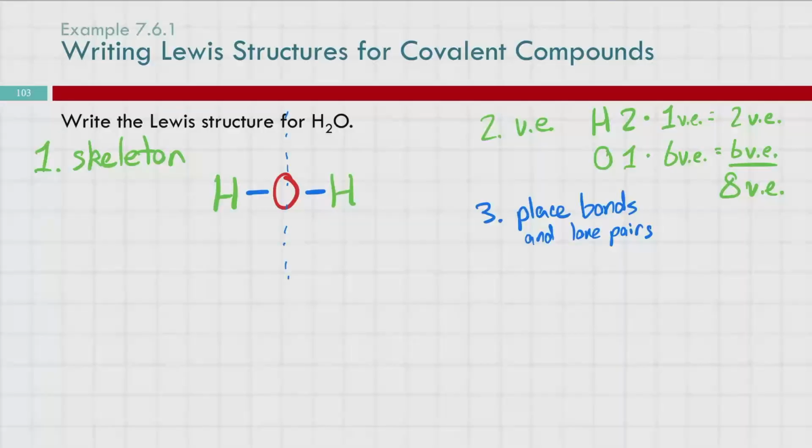Each line is how many electrons? 2. Each bond is 2 electrons. So we're subtracting 4 bonding electrons. Which means that we've got how many remaining? We've got 4 remaining electrons, and we have to add these in as dots or as lone pairs.